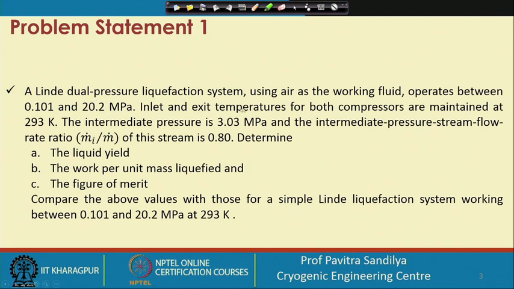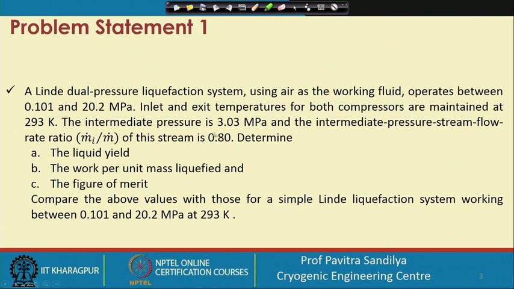In this problem, the air is taken as the working fluid and it is operating between the minimum pressure of 0.101 megapascal and 20.2 megapascal, that is about 1 atmosphere and 202 atmosphere. Now, the inlet and exit temperatures for both the compressors are maintained at 293 K, that is, the two compressors are working isothermally.